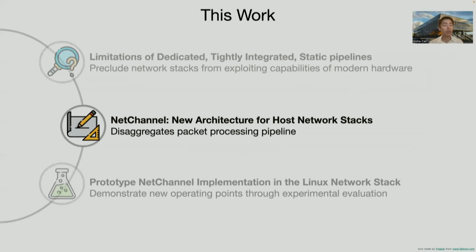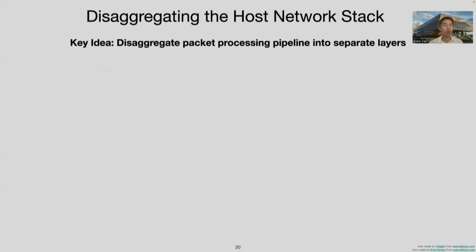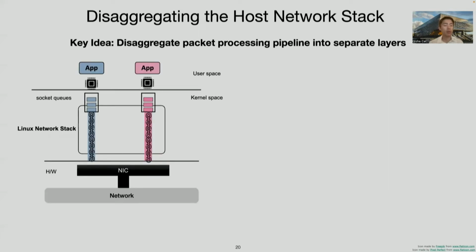To that end, let's look at NetChannel, a new architecture for host network stack. Our key idea is to disaggregate the packet processing pipeline into separate loosely coupled layers. In particular, instead of having dedicated resource for each pipe, different pipes should be able to share resource.